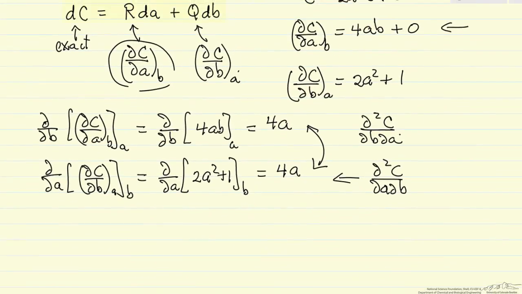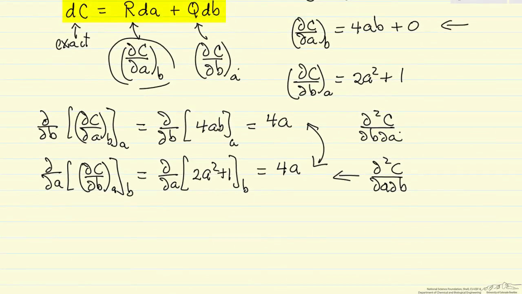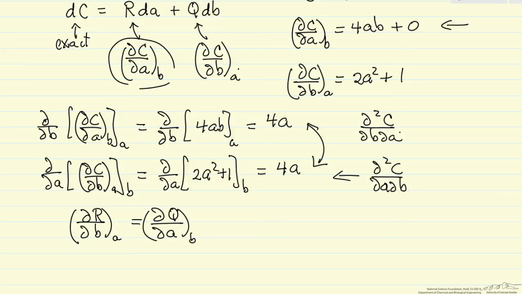Now if we go back and look at our original equation, what this says is the derivative of R with respect to B at constant A is the same as the derivative of Q with respect to A at constant B, because this is what we just did the calculation for. Remember, this is R and this here is Q, and we showed those were equal. And so this gives us a Maxwell relation.